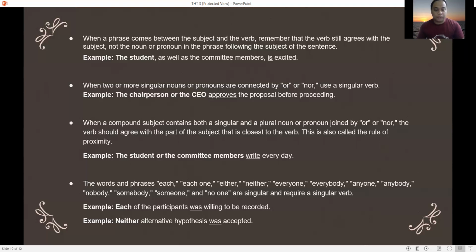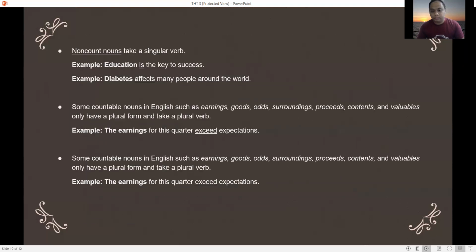There are two examples. Each of the participants was willing to be recorded. Neither alternative hypothesis was accepted. Non-count nouns take a singular verb. There are two examples. Education is the key to success.